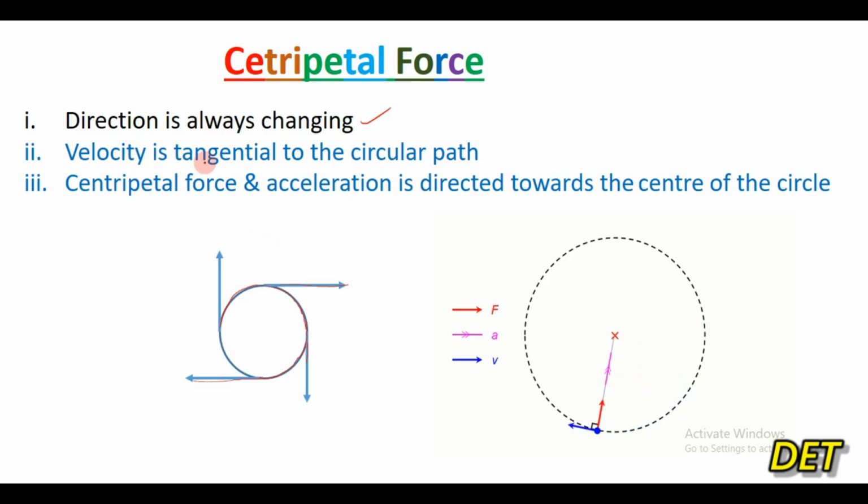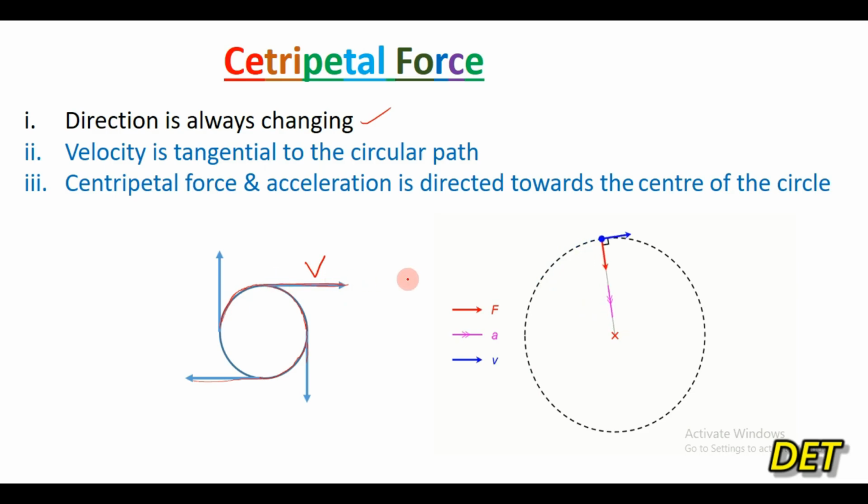Then the velocity is tangential to the circular path. So as this object is moving towards this direction, if it loses the centripetal force, it will fly away with the tangential velocity.